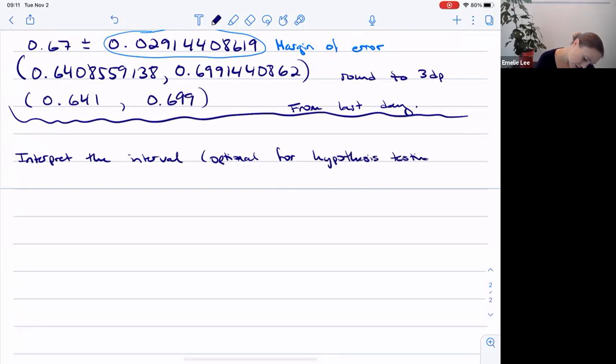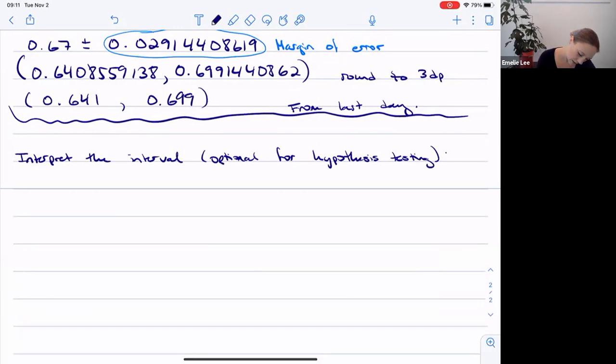It's not optional if the question is asking you for a confidence interval. Often I'll say something like interpret the interval just to remind you, but otherwise it's understood. You can't just leave it.